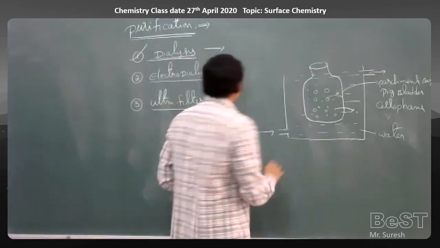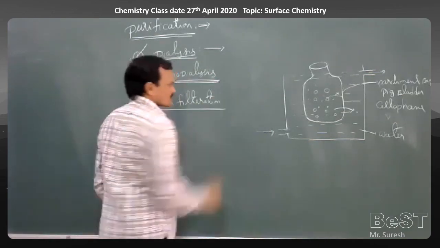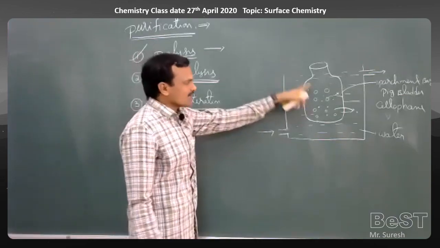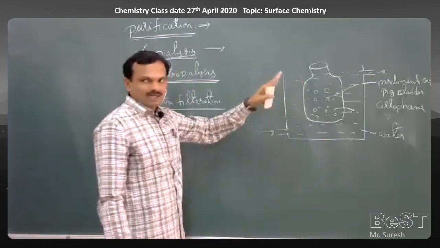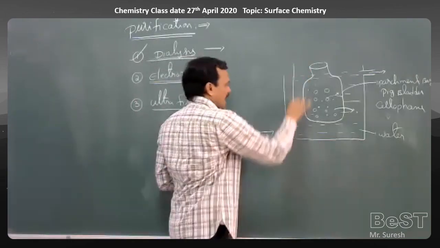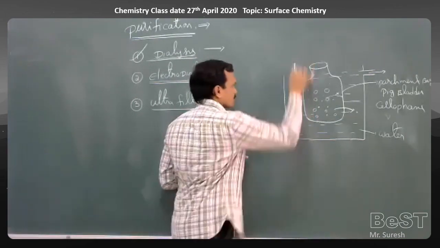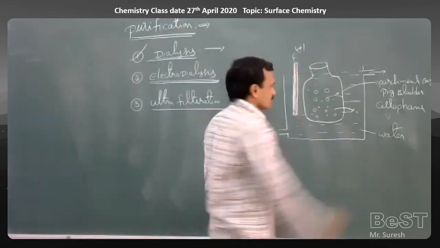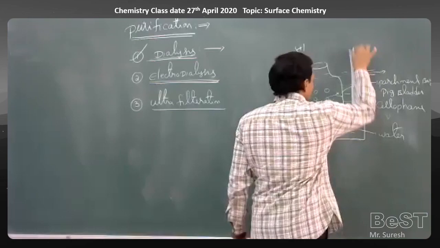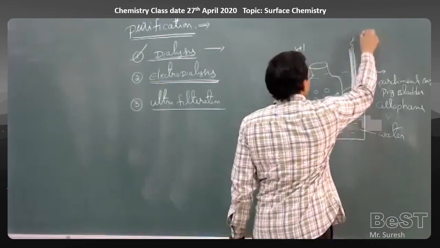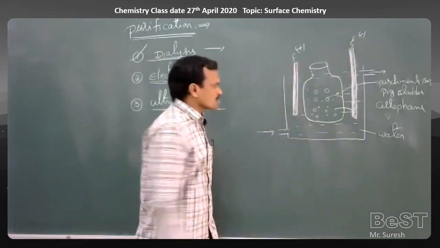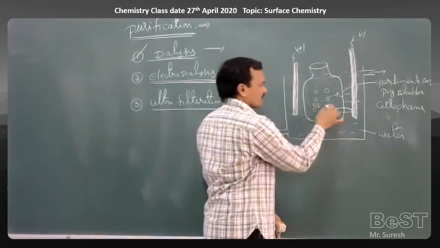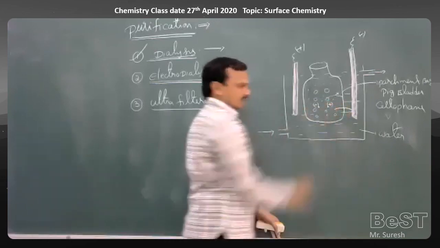Next, the second one is electrodialysis. It is the same process, but we carry out the dialysis by using an electric field. Here I will keep some electrodes. Let us assume this is a positive electrode, and one more electrode is placed here, a negative electrode. Then what happens to the electrolyte particles? Let us assume this is a negatively charged particle and this is a positively charged particle.